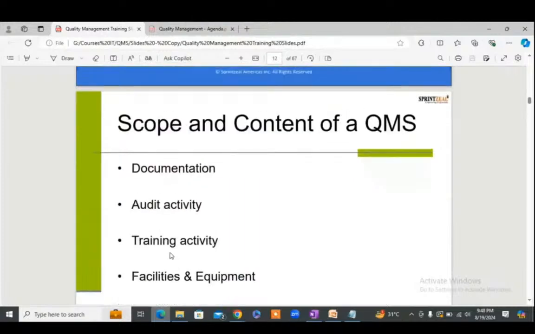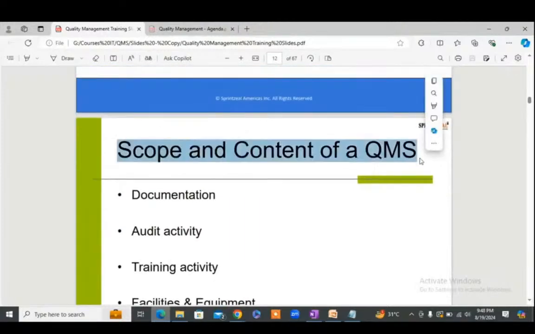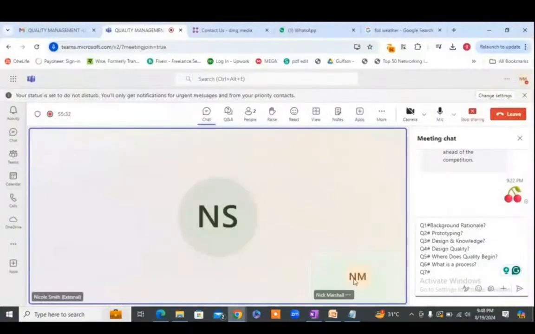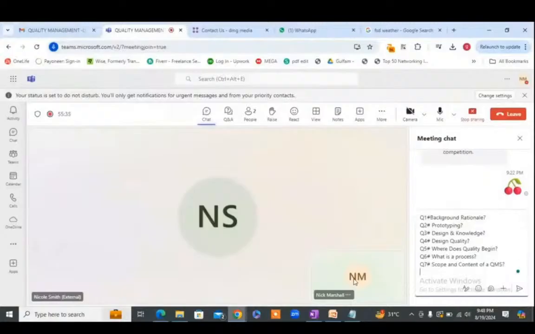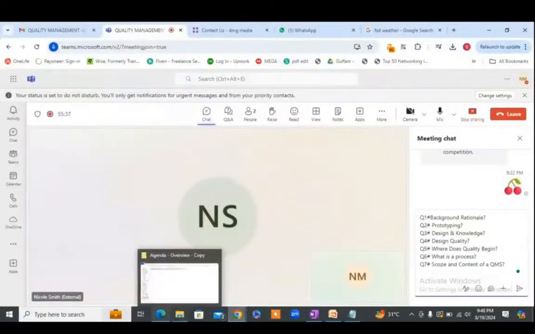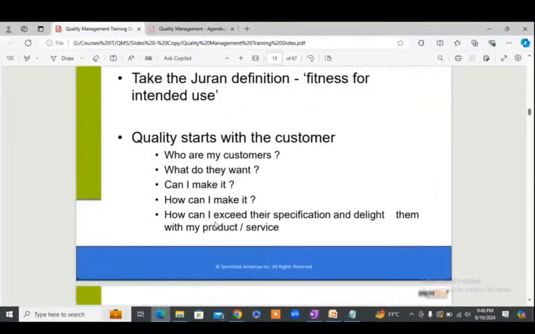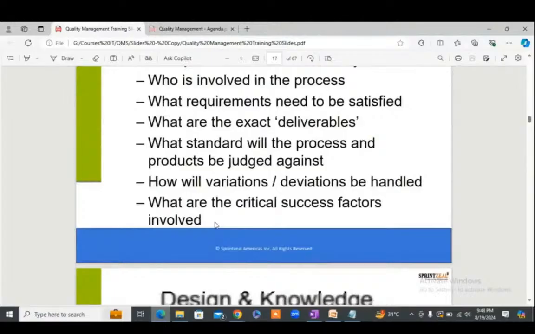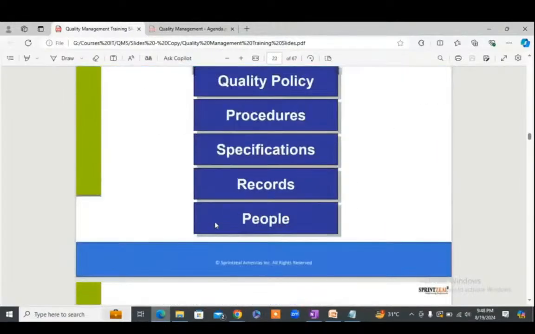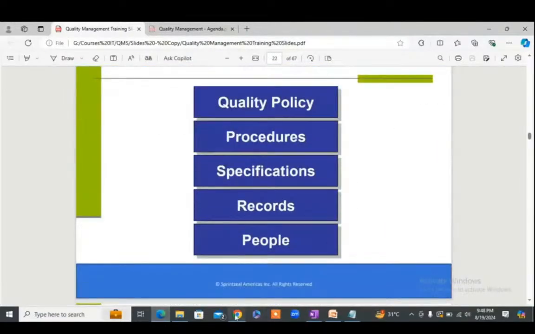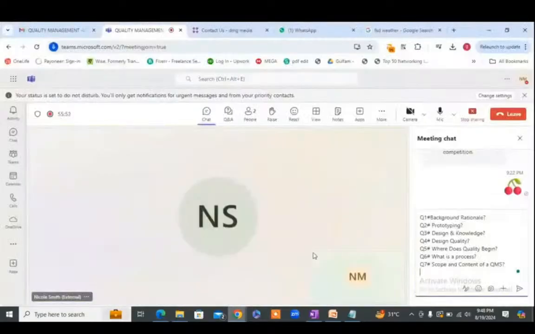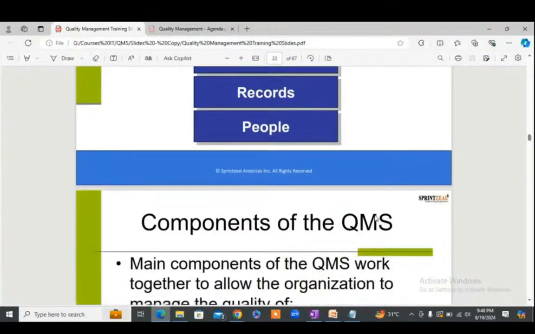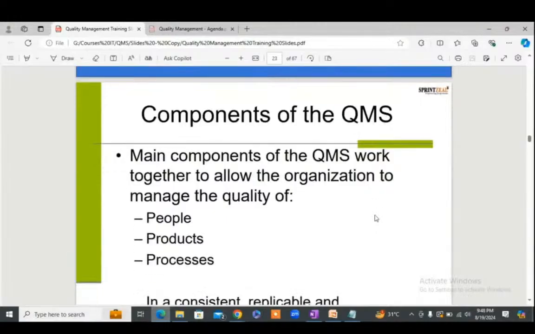So in a QMS, the interplay between design and knowledge involves using expertise and information to ensure that the design process meets quality standards. How about design? How about knowledge? Design incorporates systematic planning, development, and validation of products or services to ensure they meet specified requirements and customer needs.